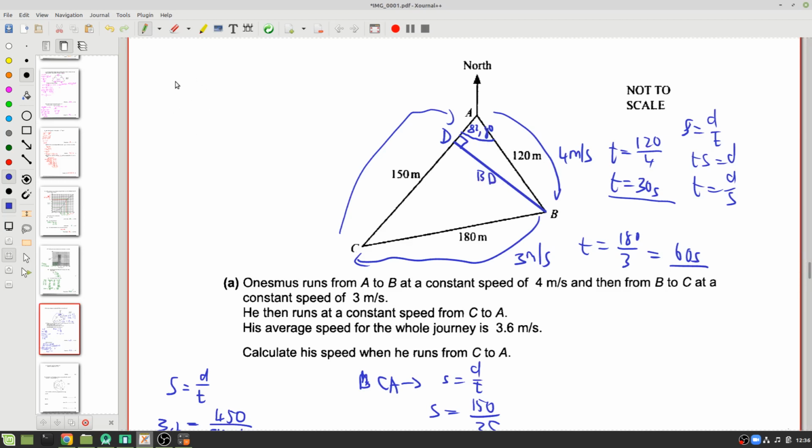So we're going to say sine of 82.8 is equal to the opposite side, which is BD, divided by the hypotenuse, which is 120. Then multiply both sides by 120, so we get 120 times the sine of 82.8 is equal to the length BD.